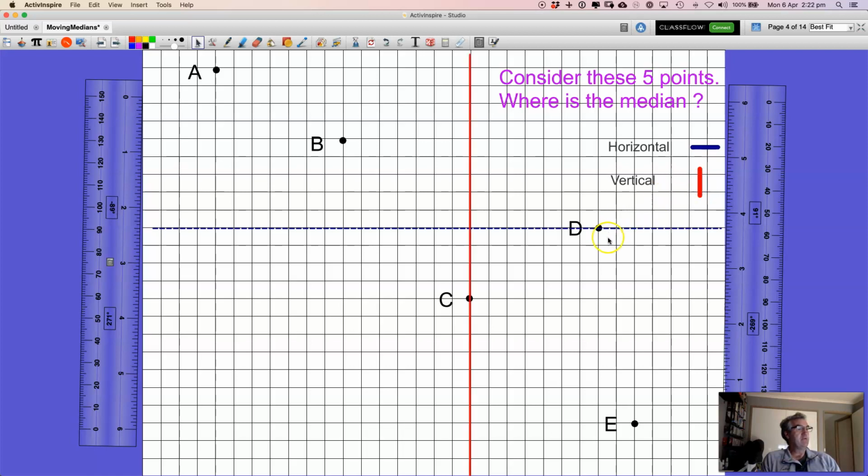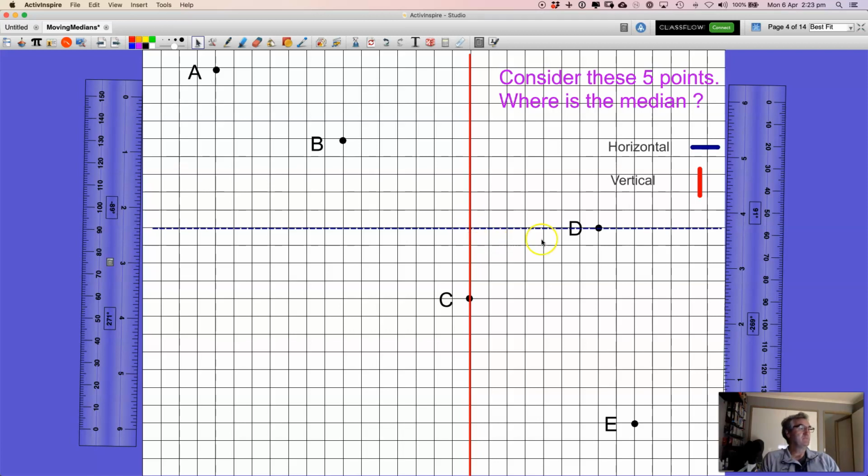Now, I want to have basically 2 dots to the right of my vertical line, 2 dots to the left. So the actual median of these 5 points is where these 2 lines intersect. Right here. That there is our median.